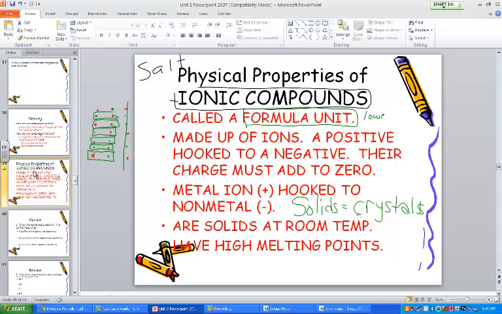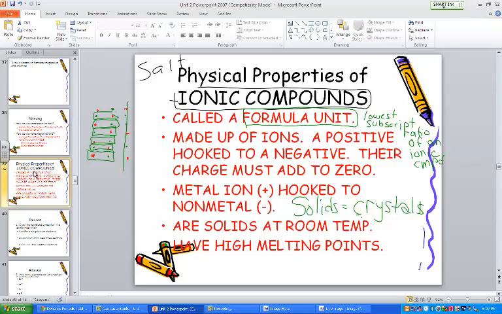Write this with me. The formula unit, the lowest subscript ratio of an ionic compound, commonly called salts.